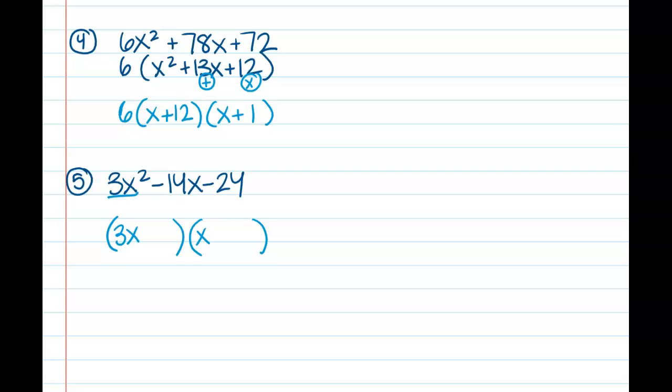So let's say there's a 6 and a 4. If they're going to be multiplying to be negative, one of them has to be negative, one of them has to be positive. So let's say this is a negative 4 and a positive 6. Let's see if that works. 3x squared minus 12x plus 6x. That didn't do it.